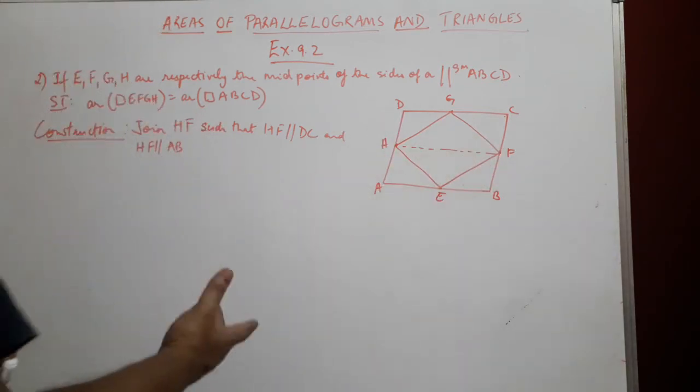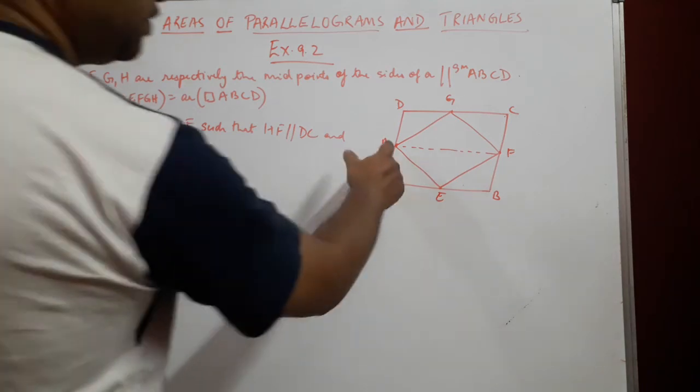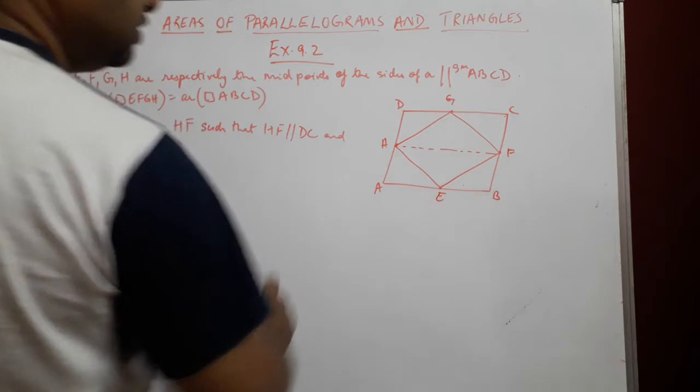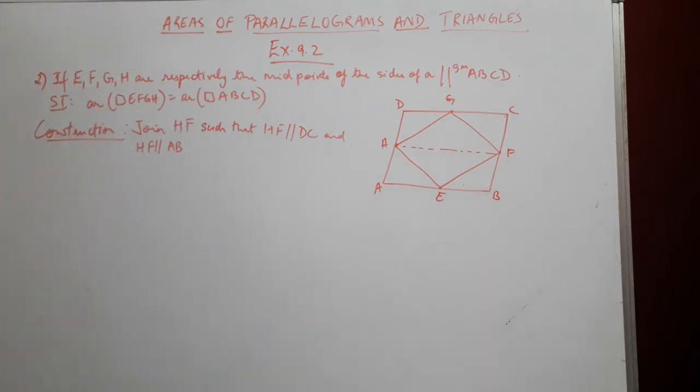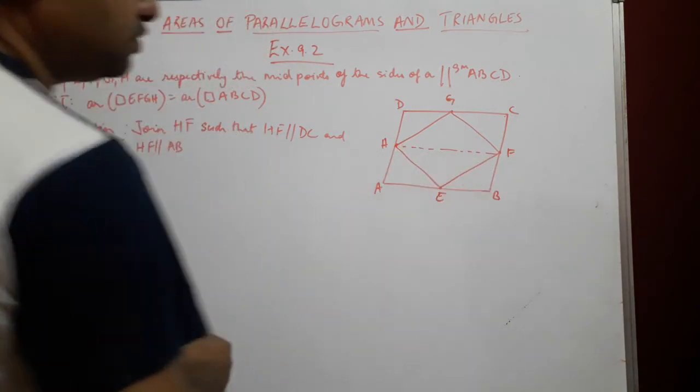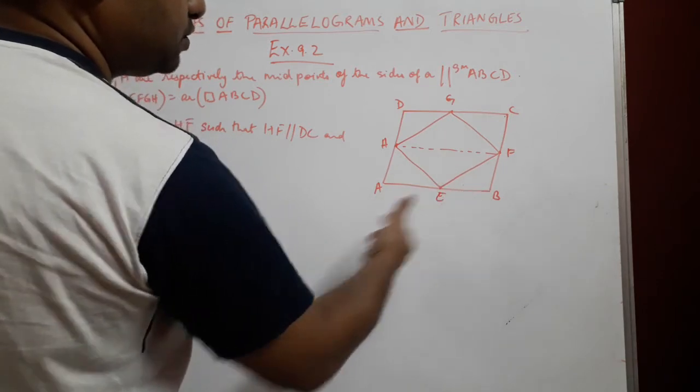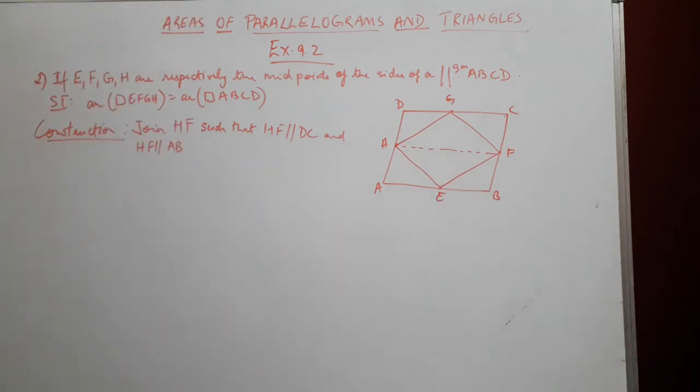In fact, it forms two parallelograms now: HFCD and ABFH. Two parallelograms are formed here, because line HF is parallel to DC and also to AB, and we know that AB is parallel to DC because it's a parallelogram. So let's utilize some of the properties that we know and the relationship we know between triangles and parallelograms in this question.